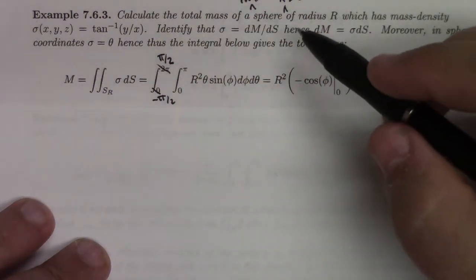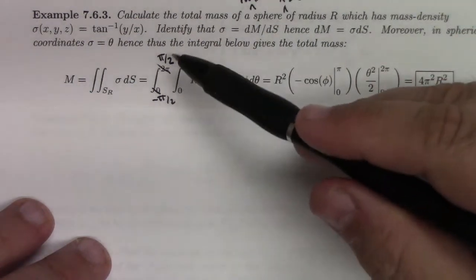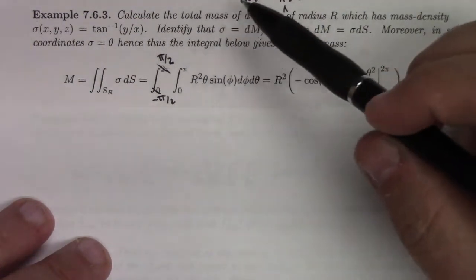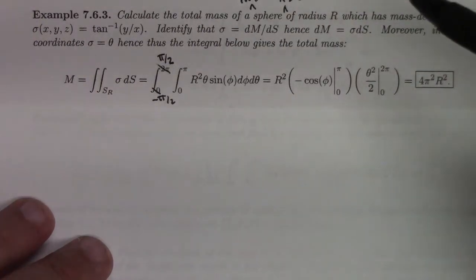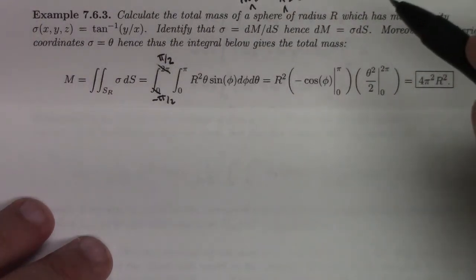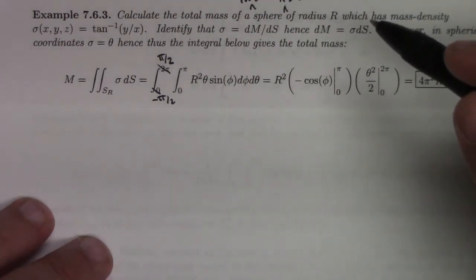Being a little flippant here, I'm ignoring the issue of what happens at pi over 2 and minus pi over 2, because technically it's not defined there. Let's see here.